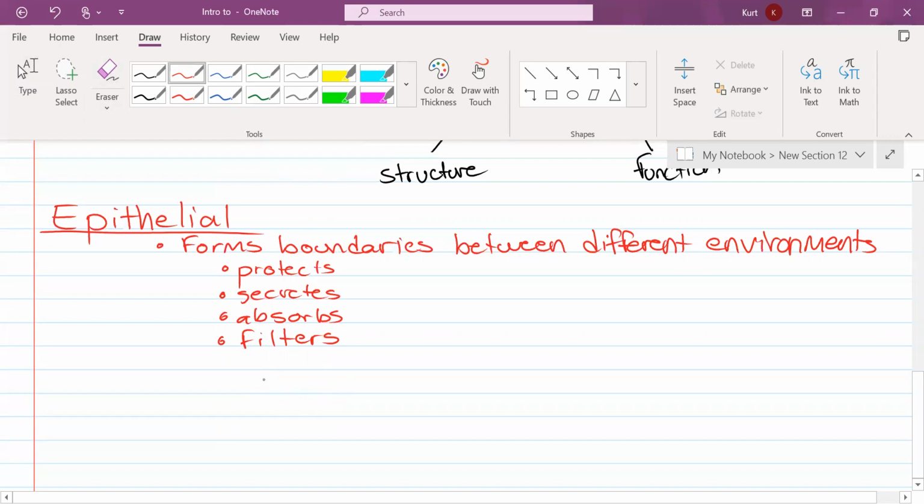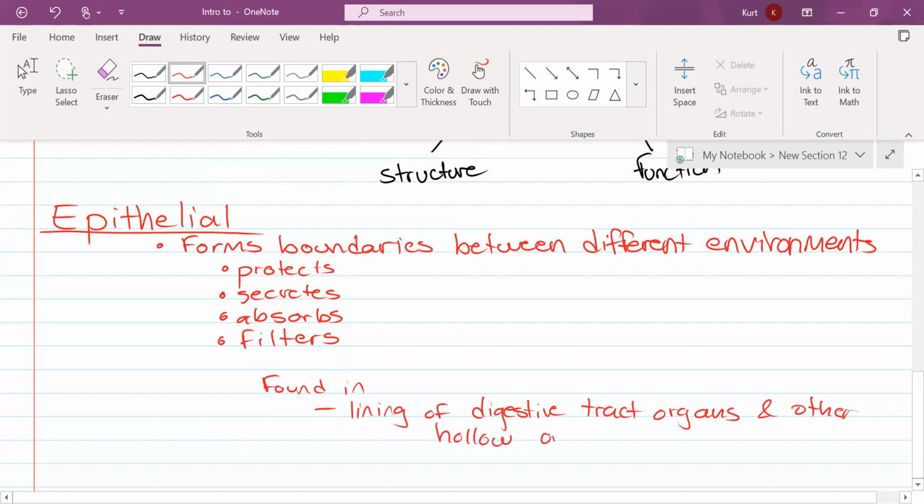Okay. So epithelial tissue is found in the lining, and let's rephrase that. It's found in the lining of digestive tract organs and other hollow organs.